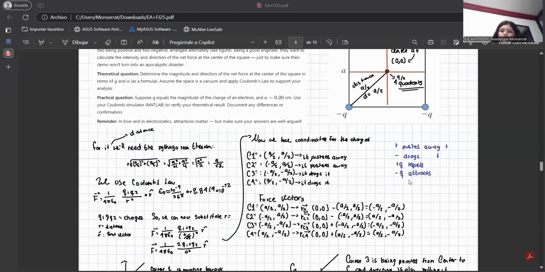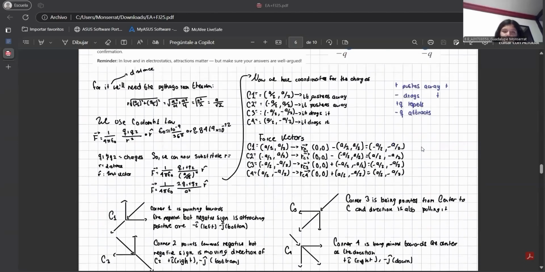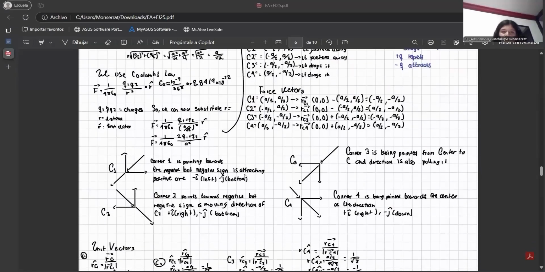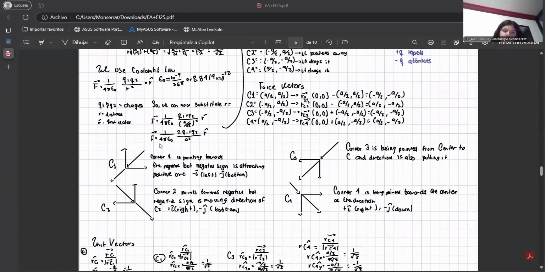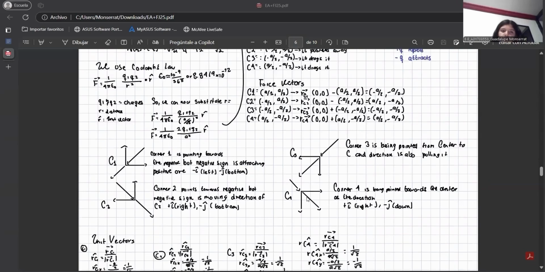We have to keep clear that similar signs repel and different signs attract. And then we have here a small diagram of each quadrant: C1, corner 1, corner 2, corner 3, and corner 4.